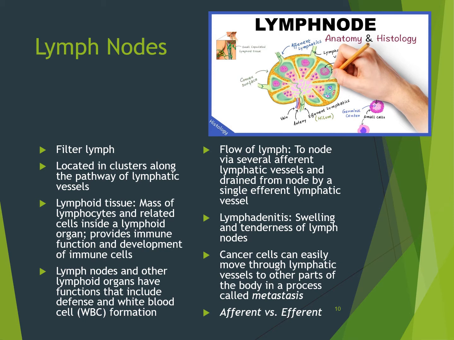In the core of the lymph node is something called the germinal center, and this is where immune cells are produced. And so this is really a great design because these immune cells are right there and ready to attack this debris that gets caught in this webbing of the lymph node.